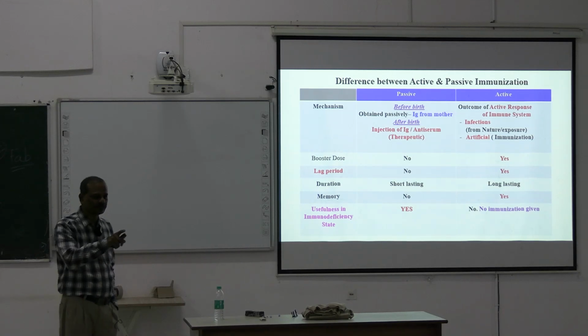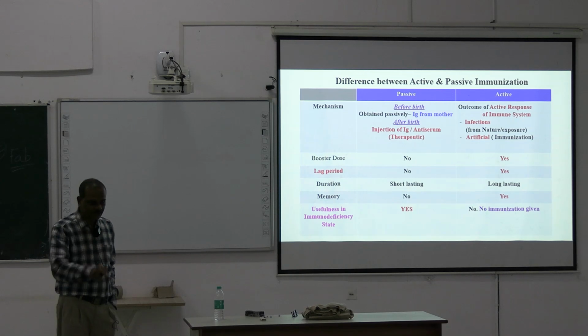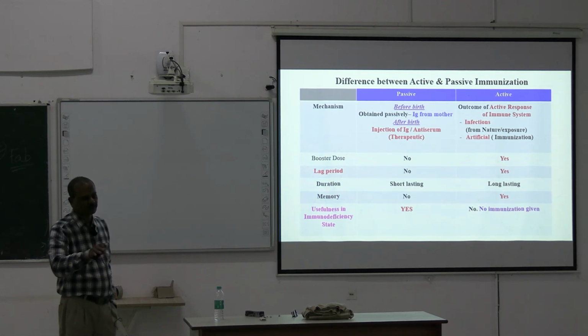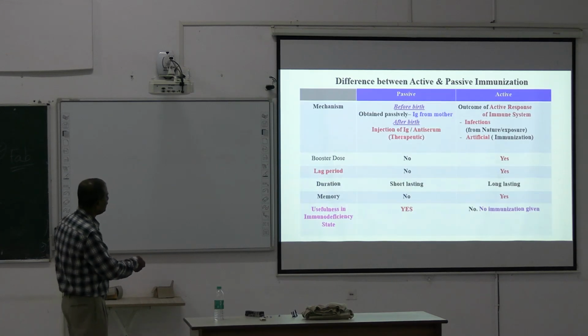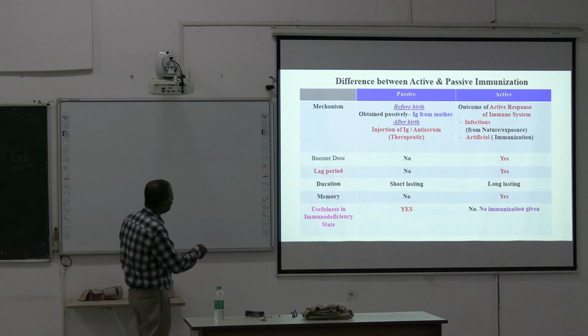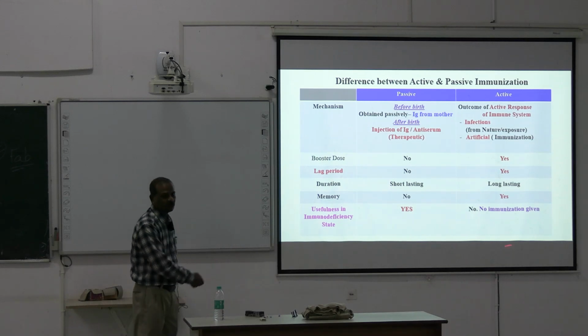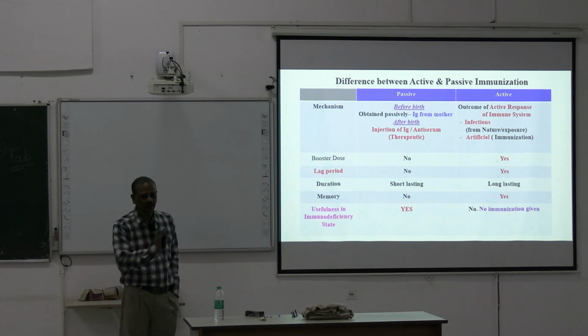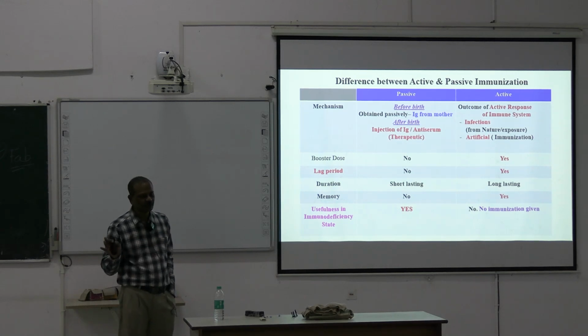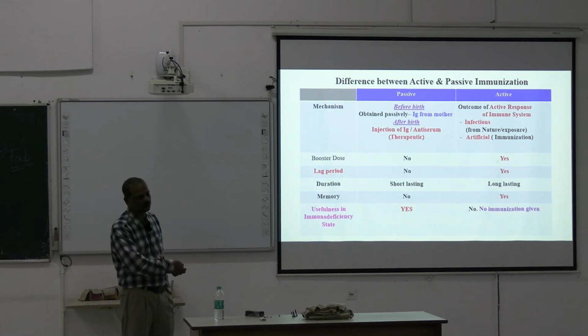Vaccine is not given when the person is immunocompromised, and usually it is cancer patients or patients who are taking anti-cancer drugs or immunosuppressive drugs, where we are deliberately suppressing the immunity, or those who are suffering from immunodeficiency states. So here, if we have to give immunity, we have to give passive, because they are unable to produce any immunity. Immunoglobulin has to be given.